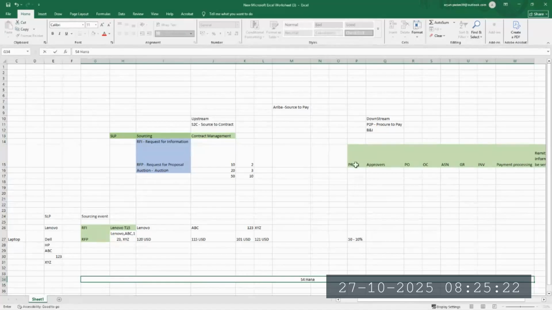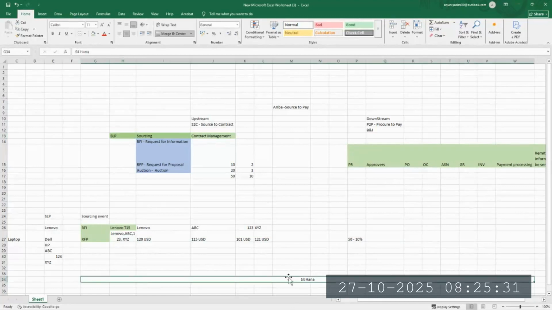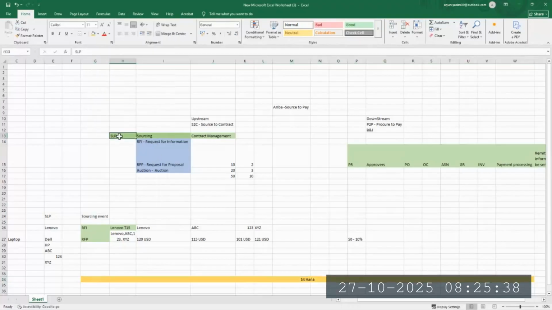Generally we don't integrate the upstream modules, but SLP we do, because it's master data, and we want the master data also to be created in the backend ERP system. So we integrate the SLP tool. Sourcing and contract management are not integrated in many cases, but Ariba has the capability to get integrated with the backend S4 system. But purchase orders, goods receipts and invoices are integrated to the backend ERP system.